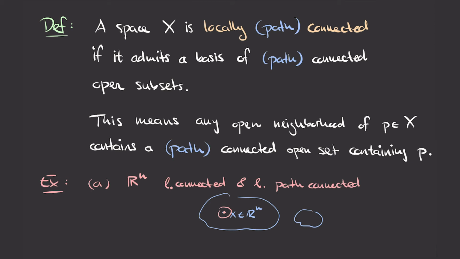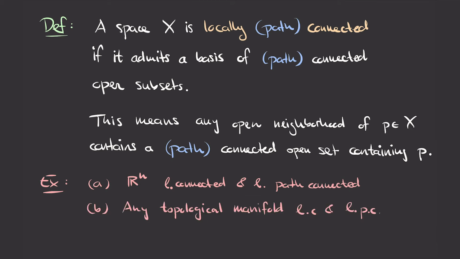Another thing we can note is that because path connectedness implies connectedness, local path connectedness also implies local connectedness. A more or less direct consequence of the fact that Rn is locally connected and locally path connected is that any topological manifold is also locally connected and locally path connected.